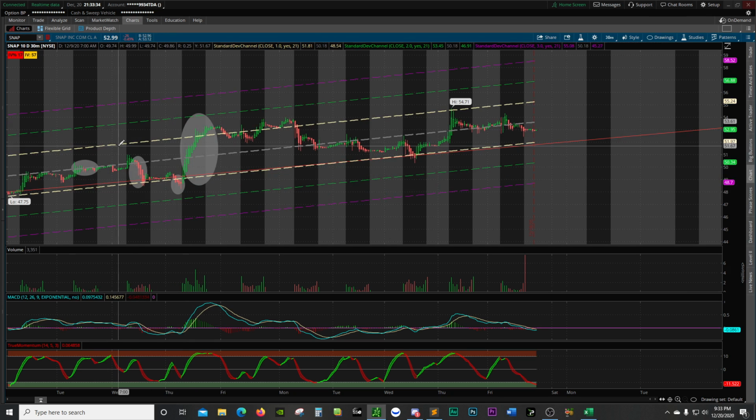I would say it's going to be the resistance right here, because it ripped above it. So when you see something do that, the previous resistance level is where I would look to get in.